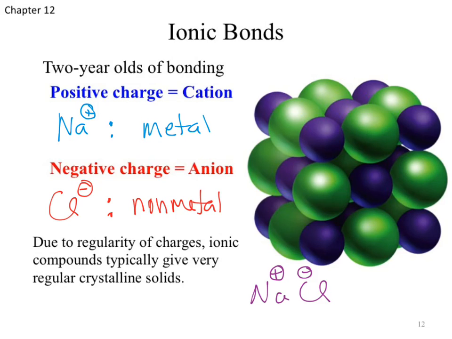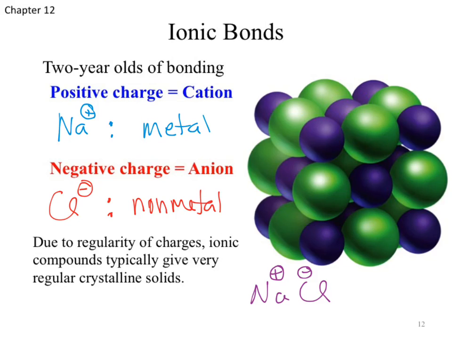Okay? Because we have this pattern of these positives and negatives, and we've already established that positive and negative is bad, we want to neutralize those as much as possible. And that's what this picture is trying to show. Everywhere that we've got a positive charge in our purple, we'll have a green charge near it. Why?